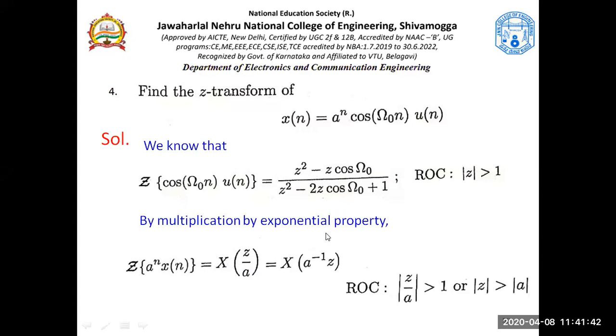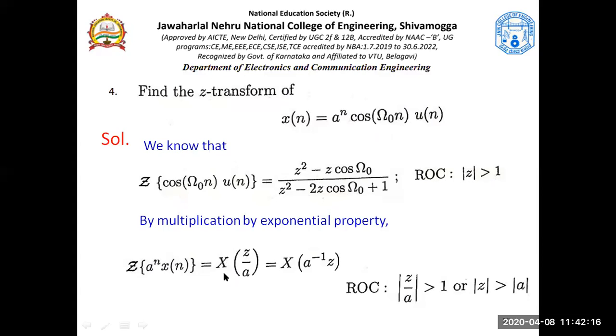See here, and clearly the ROC said it is z greater than 1. So in place of z, again we need to have z by A. So the ROC is also very clearly identified there. This problem is being solved by using the properties of Z transform. Which property would look like this? This is the signal x of n, the basic signal. So this is the signal into A power n.